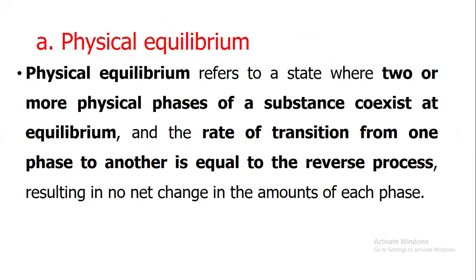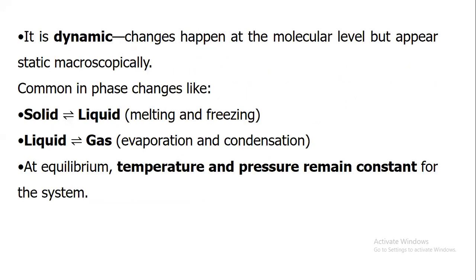Physical equilibrium. The physical equilibrium refers to a state where two or more physical phases of a substance coexist at equilibrium, and the rate of transition from one phase to another is equal to the reverse process, resulting in no net change in the amount of each phase. It is dynamic: change happens at the molecular level but appears static macroscopically.